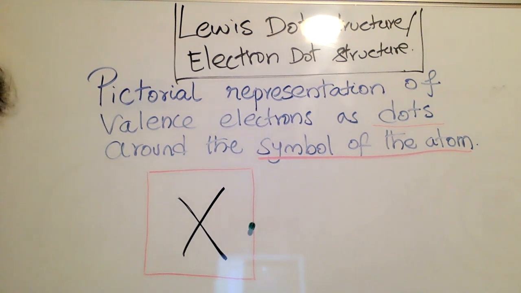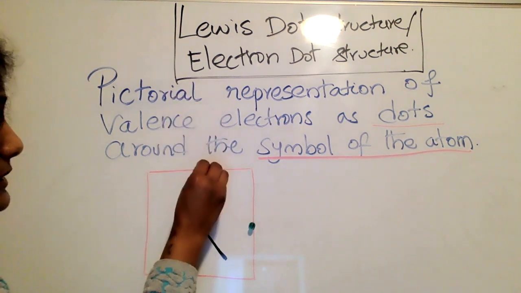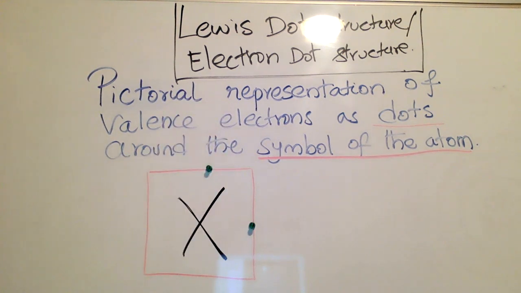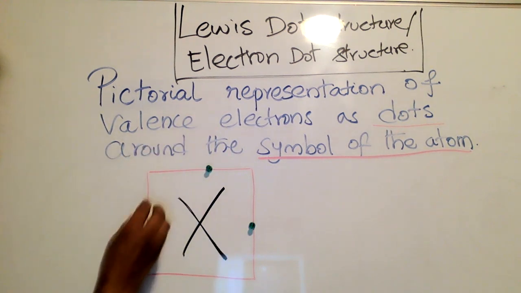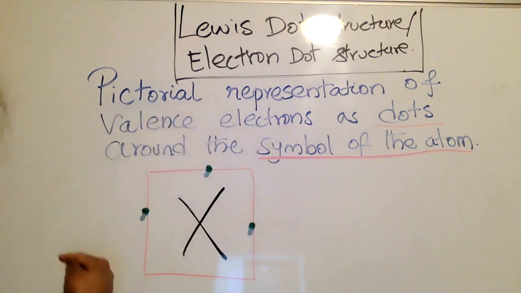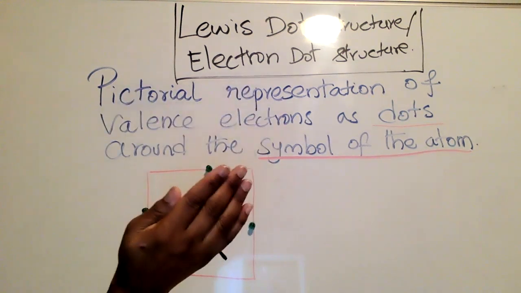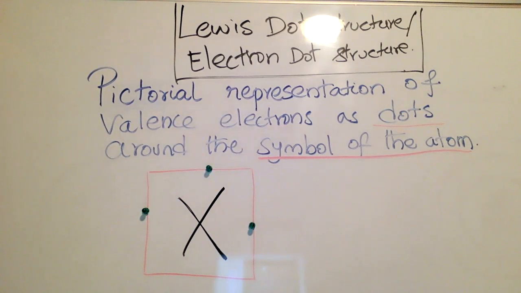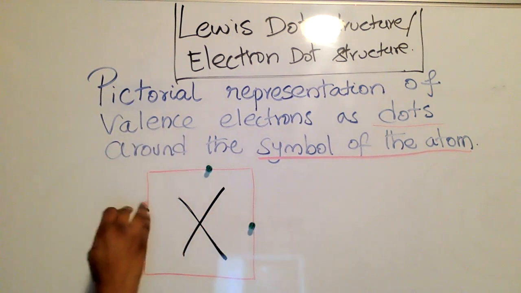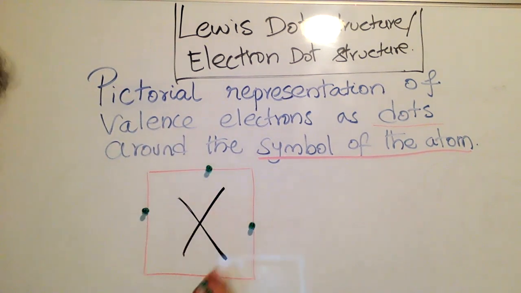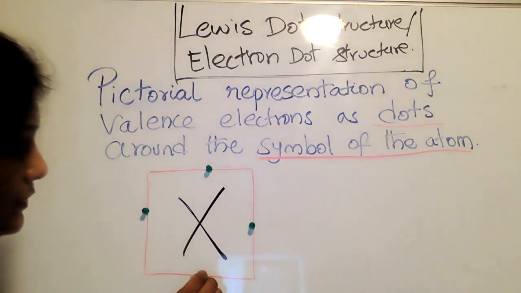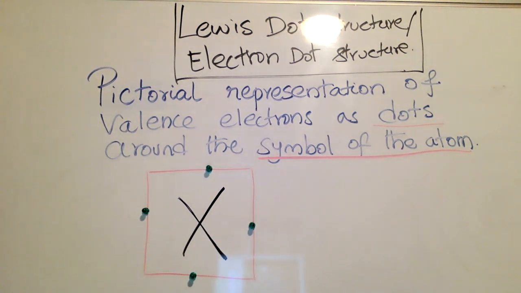So it goes to the next side, and the third valence electron comes here. You can go either counterclockwise or clockwise, and you can start from any direction, top or bottom, left or right. Then the fourth one will go to the bottom side.